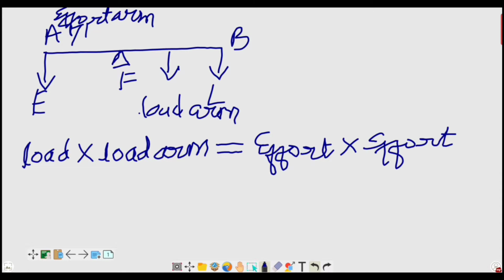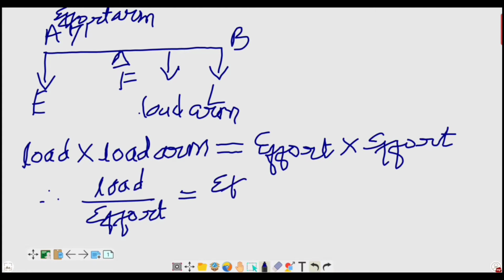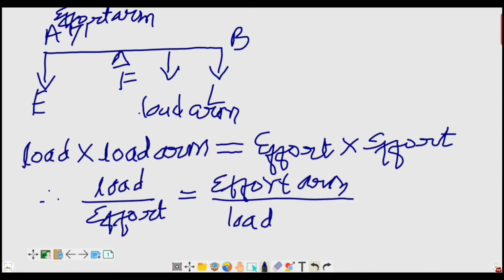So when you transfer effort to the left hand side, you will get load upon effort. And on that side, when you transfer load arm, so right hand side, you will get effort arm upon load arm. As earlier you have done, what is your load upon effort, students?